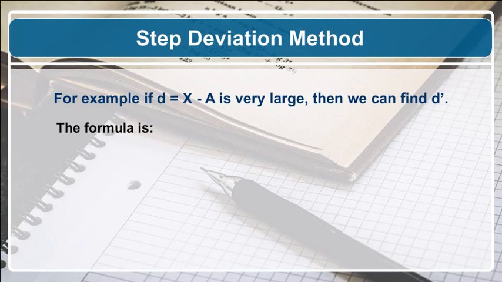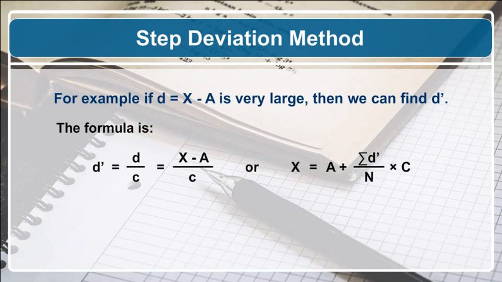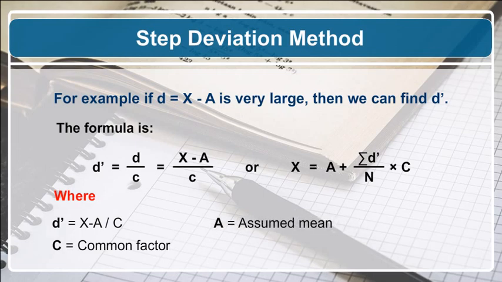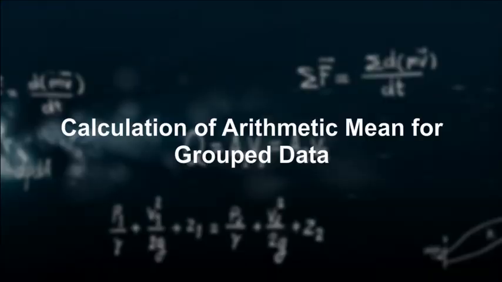The formula is d dash equals d upon c equals x minus A upon c, or x bar equals A plus summation of d dash upon n, into c, where d dash equals x minus A upon c, c is the common factor, and A is the assumed mean.